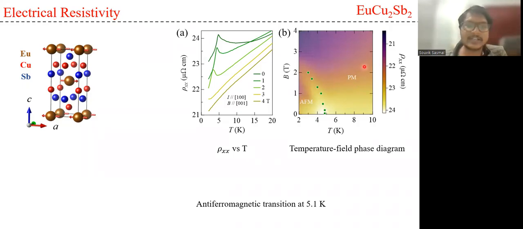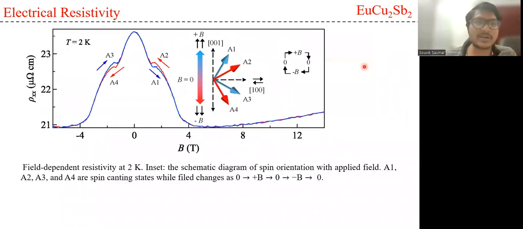Now coming back to the magnetoresistance, here we measure the electrical resistivity as a function of magnetic field. First, let me tell you what we measure here. We first take the sample to 2K and start applying field.